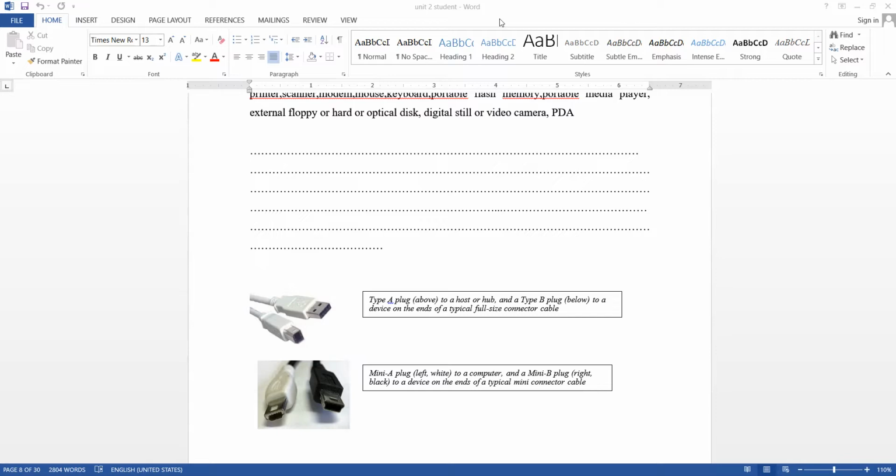This supplies 5 volt at 100 to 500 milliamperes for use by each device.